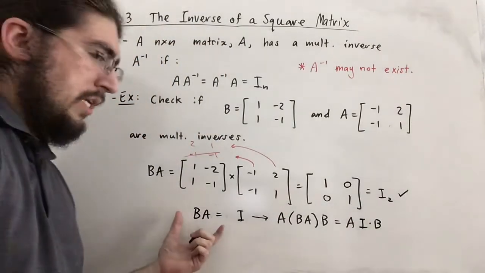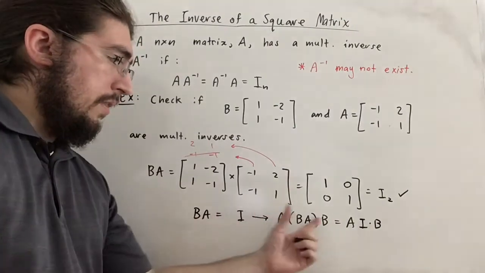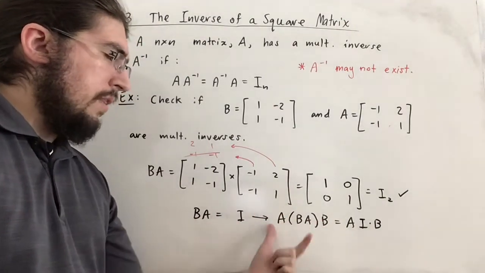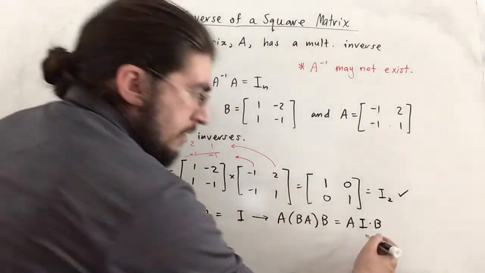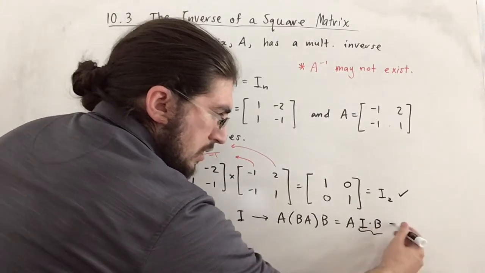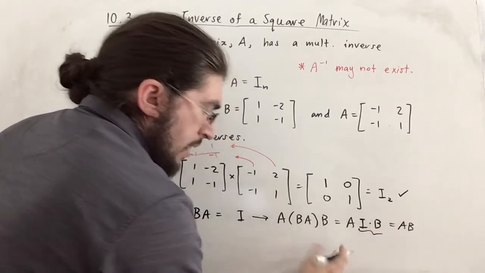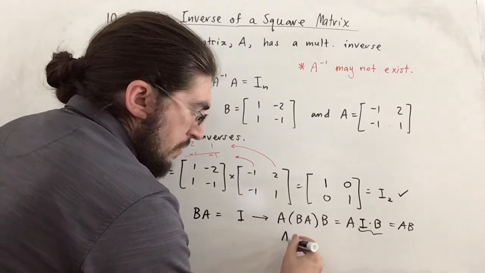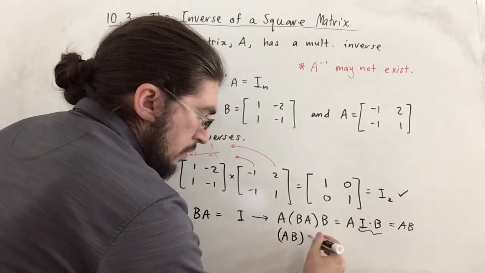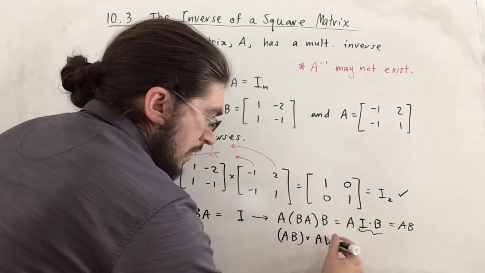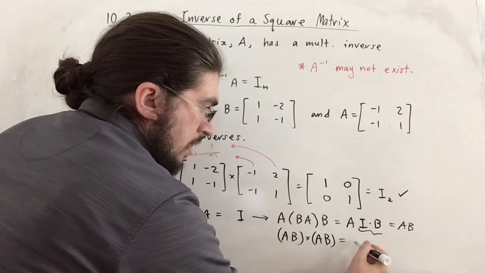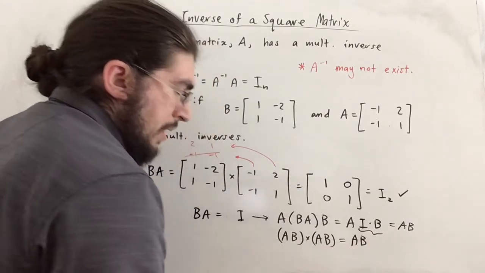So multiplying both sides on the right by B and on the left by A. Notice that this is AB on the right. And on the left, we can group this by associativity of matrix multiplication as AB times AB. So AB times AB is equal to AB.